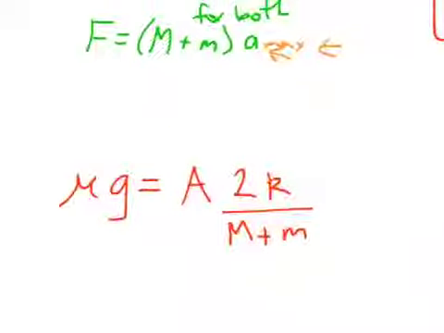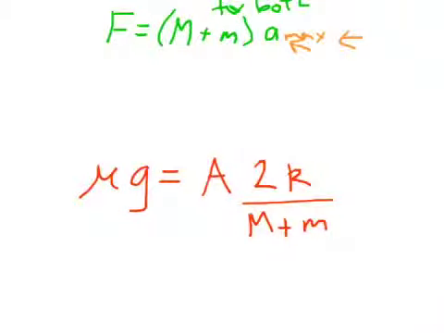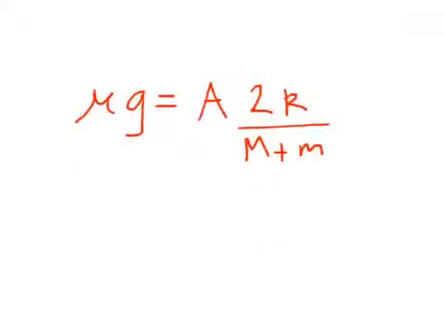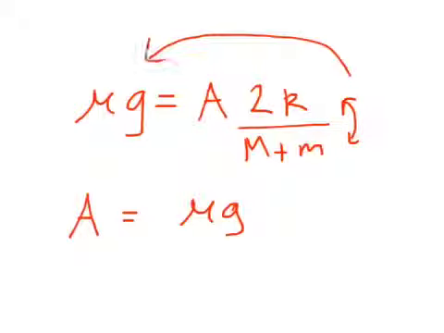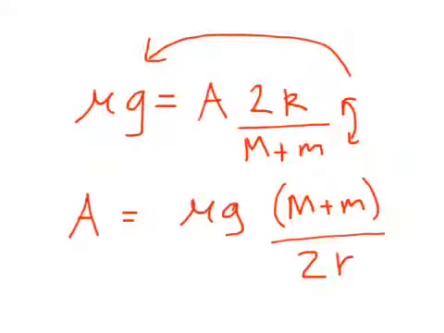No, okay. So very rapidly we're going to rearrange this to give us A by itself equals mu times g times, this is going to flip upside down when it comes over to the other side, so it's going to be M plus m over 2k.